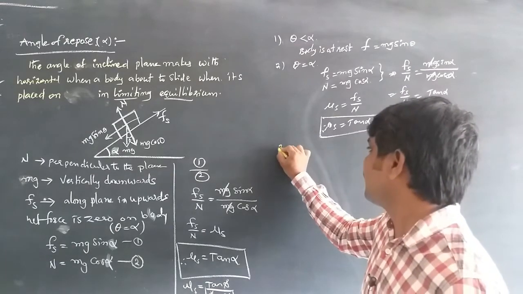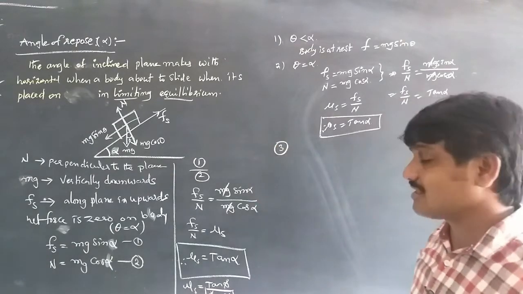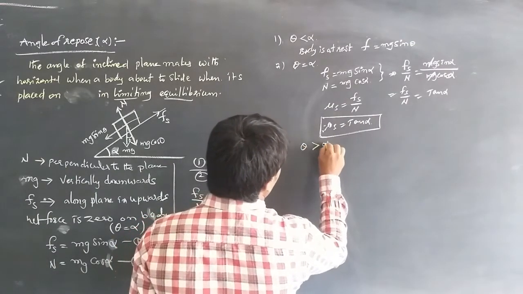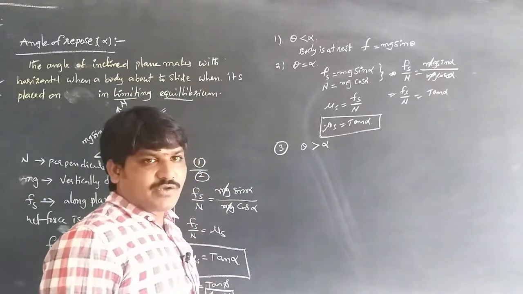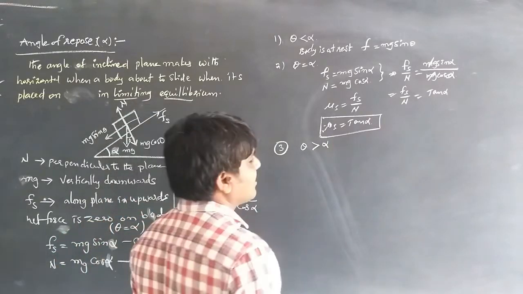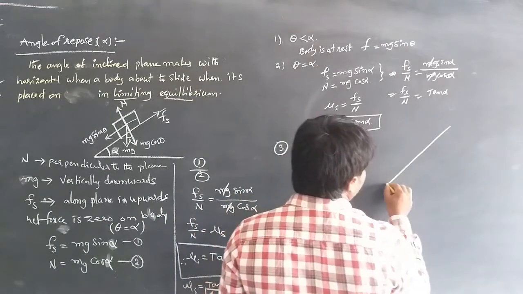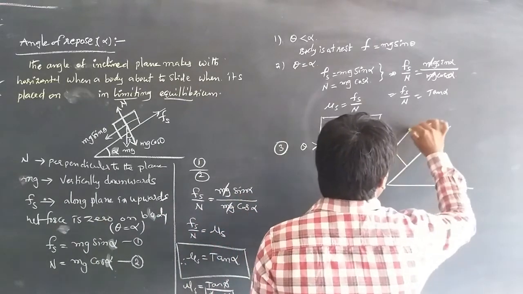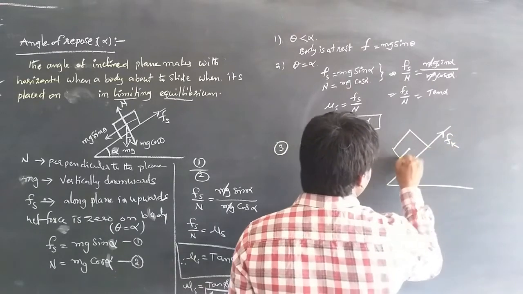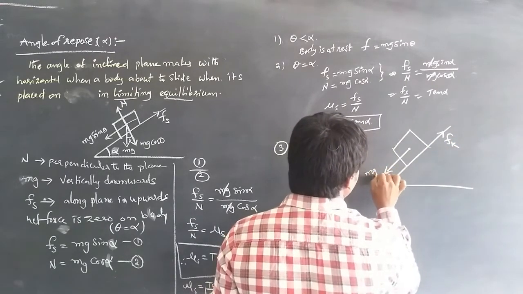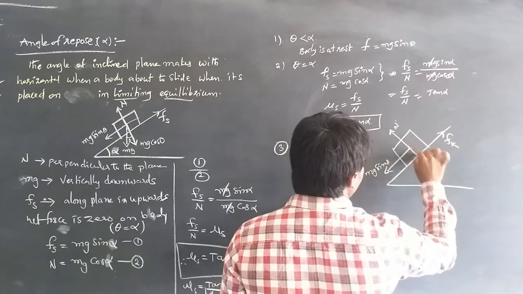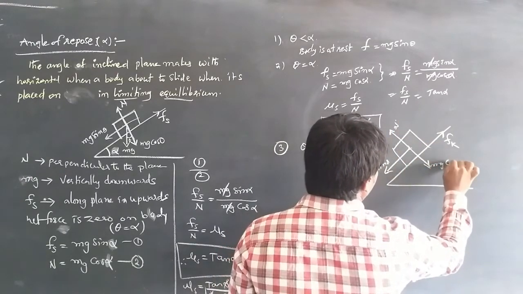In the third case, theta is greater than alpha. The body is about to slide, so the body will move, and the static friction turns into kinetic friction. The body moves in the direction of mg sin theta, and the normal reaction is mg cos theta.